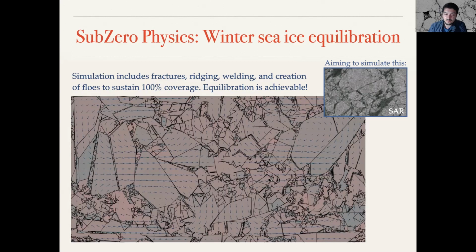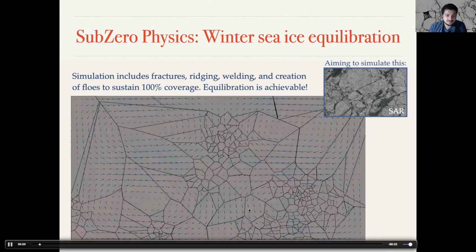A simulation like this, with polygonal shapes that produces the shapes of the flows as part of the solution and runs at 100% concentration, looks like quite a unique simulation. This is the pride and joy of this SubZero type of model.